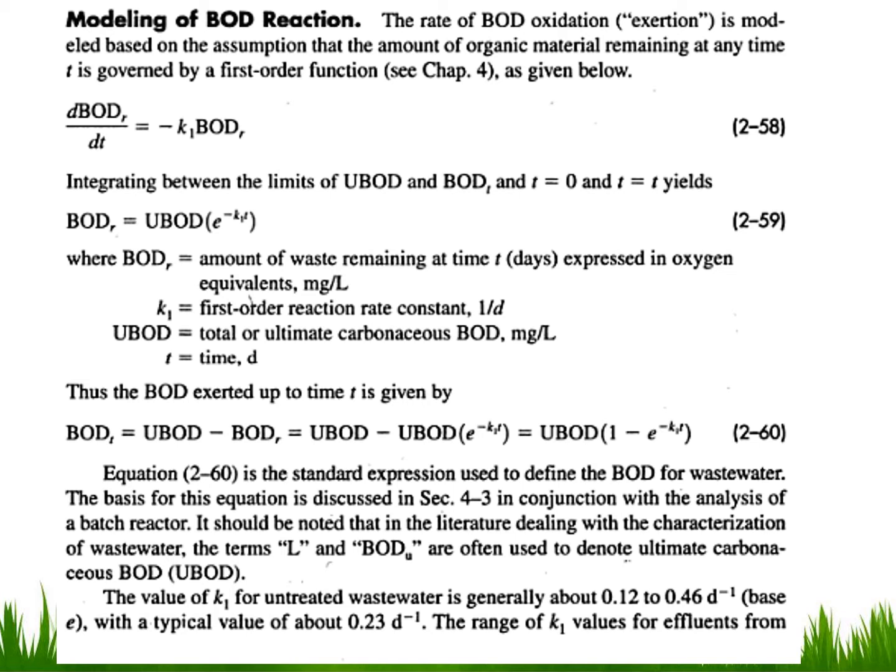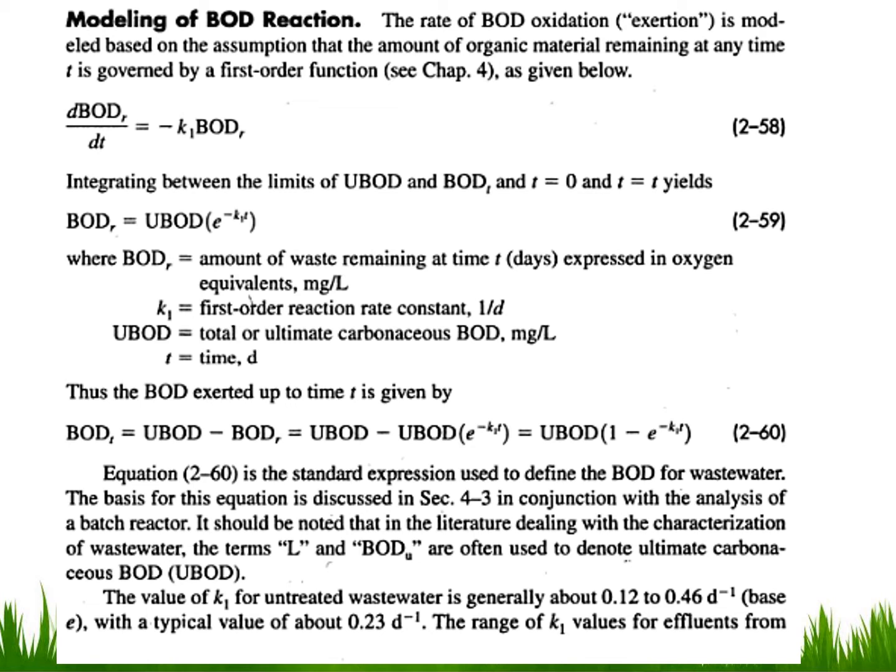So BOD exerted up to time t is given by this, the amount exerted. So here it will be UBOD minus BODR. This is Yt in our previous equation, and BODR is here expressed in terms of ultimate BOD and the first order reaction rate constant.